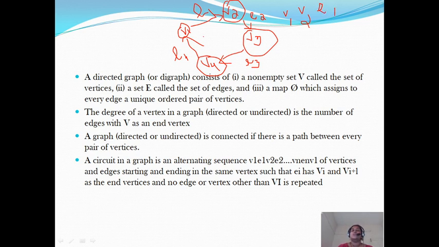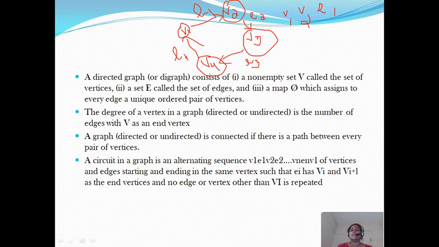There is no ordering of the pair of vertices in an undirected graph. You can take both, first vertex to second vertex or second vertex to first vertex, and the same edge will come. But in a directed graph there is an ordering, the direction in which it moves, and that direction specifies the edge. Here there is no edge from V2 to V1 because the arrow is not from V2 to V1.